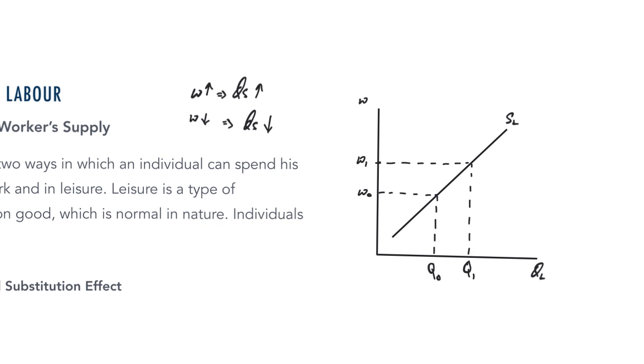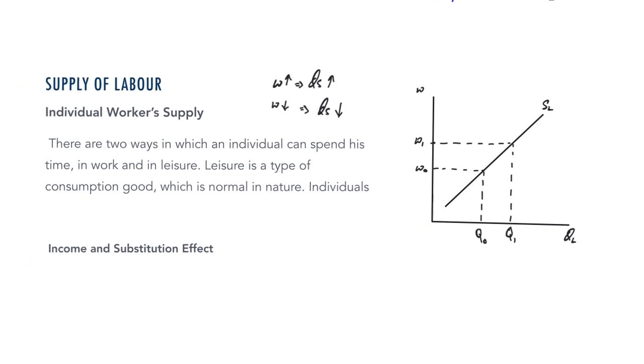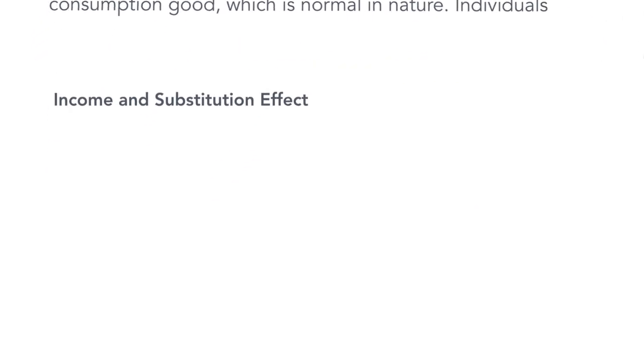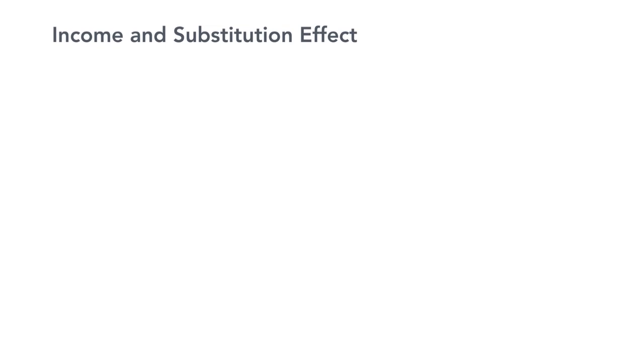Now what happens is that whenever wages are rising, there are two things happening. One is the income effect and the other is the substitution effect. So what are they?